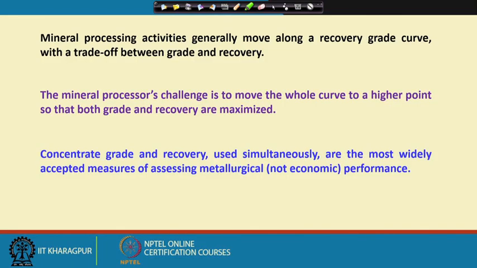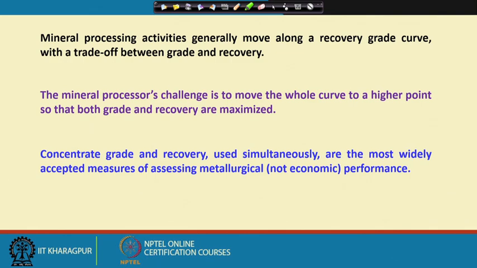Now, what will happen when my ore grade is very low, and what will happen when my ore grade is relatively higher?